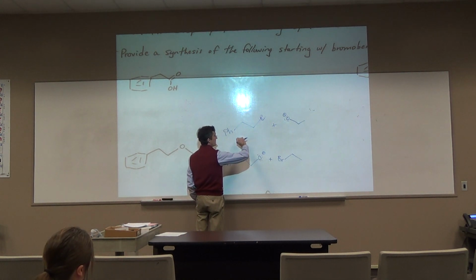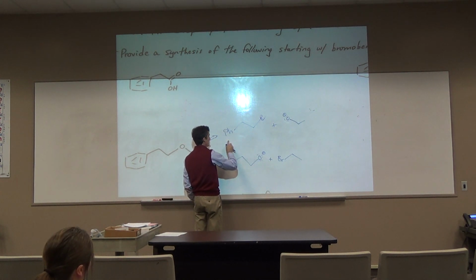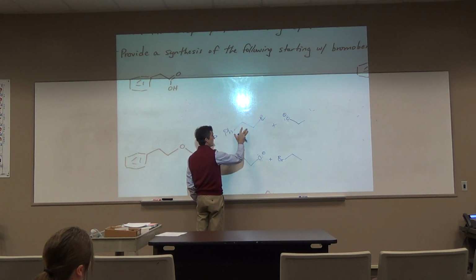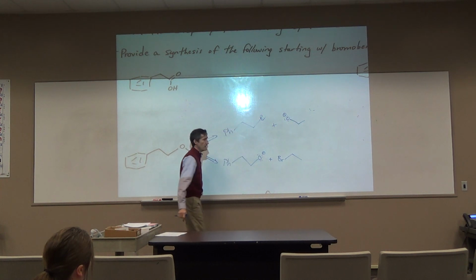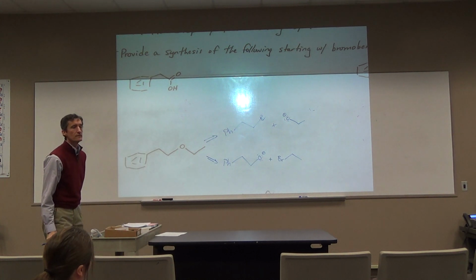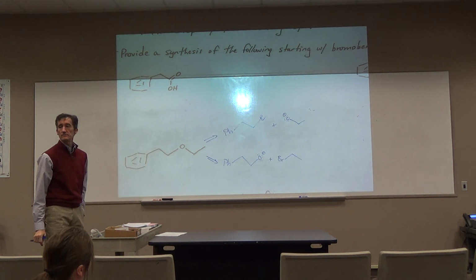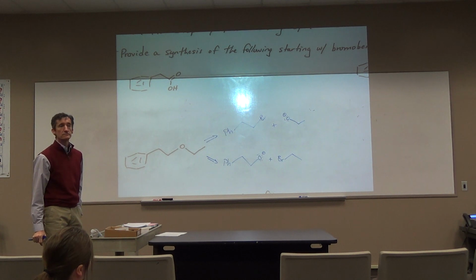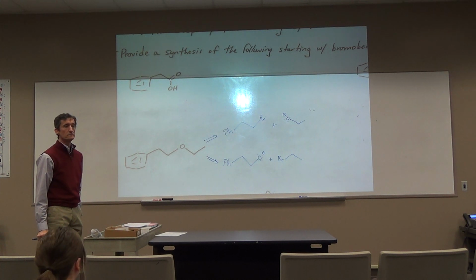Okay? This is the one with the benzene ring. Let's keep working back here. What's a way to make an alkyl bromide? Go ahead.